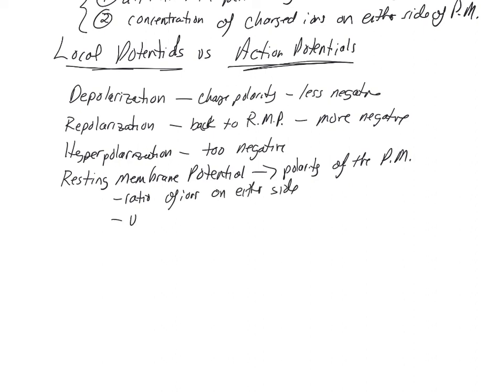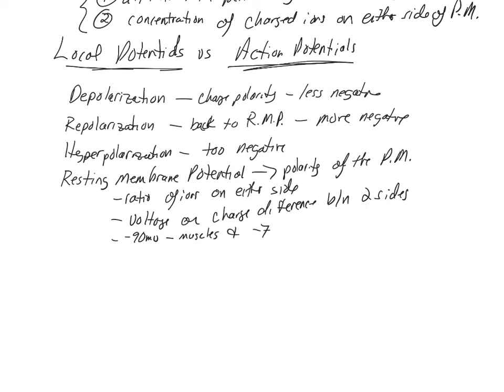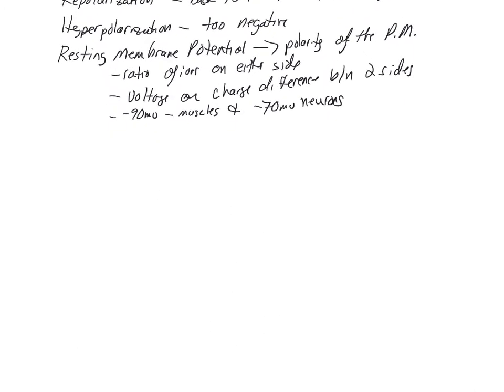We measure this in the voltage or charge difference between the two sides. The two numbers that we've got you memorizing are negative 90 millivolts for muscles and negative 70 millivolts for neurons.